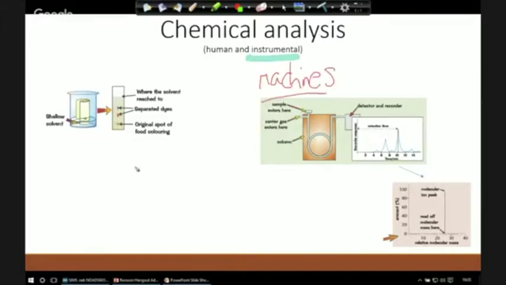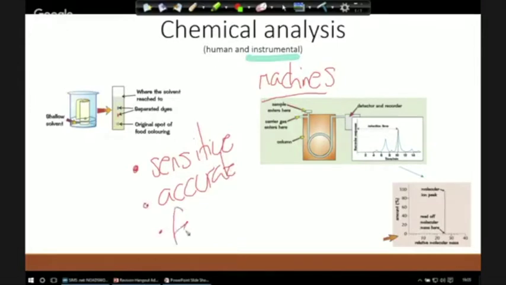The reason being is the fact that they are very sensitive. They're also highly accurate, but most importantly, they're really fast, and they can analyse huge quantities of information at a much quicker rate.